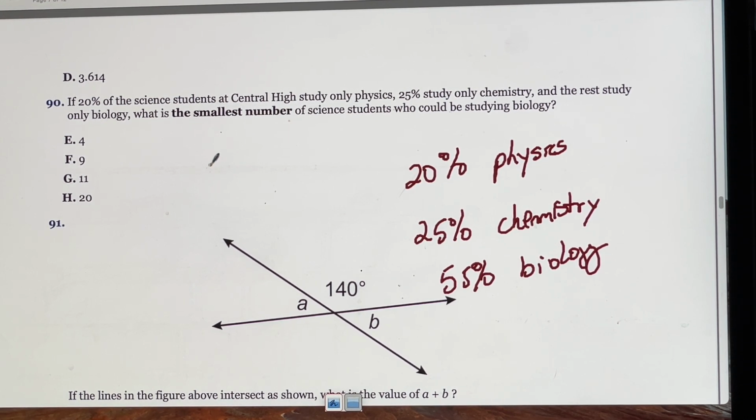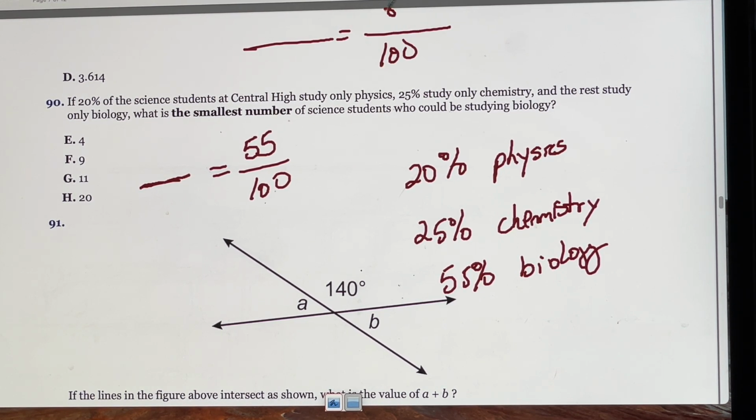So if you set up a proportion here, you can write 55% over 100, and we're going to try each of the 4. Let me write 100% is the total so that you don't forget.